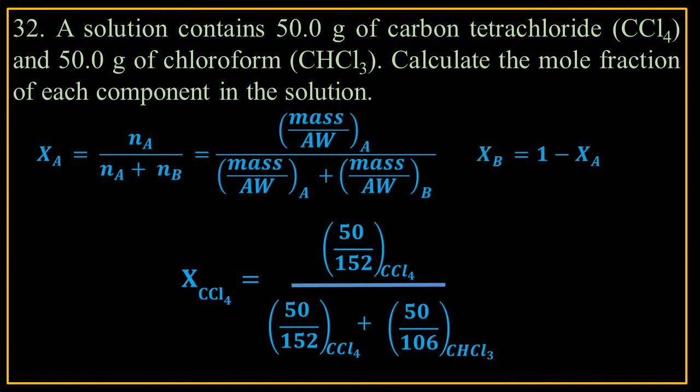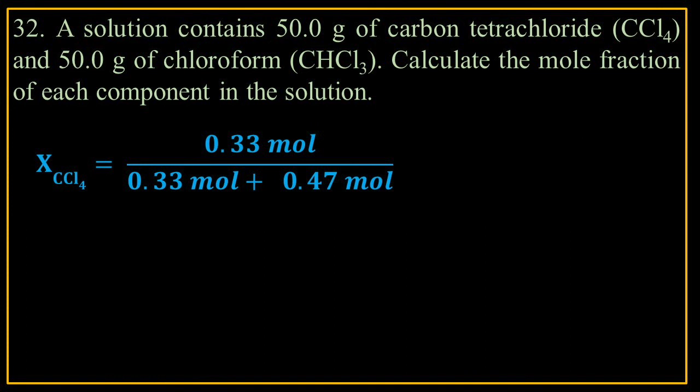So then X_B, which is going to be the chloroform, is going to be 1 minus X_A. Okay, just keeping you in the loop there. So the mole fraction of carbon tetrachloride is going to be 0.33 moles divided by 0.33 plus 0.47, and that's going to be approximately, I'm guessing, 0.37.